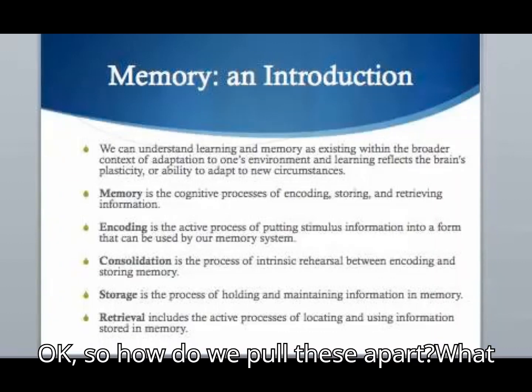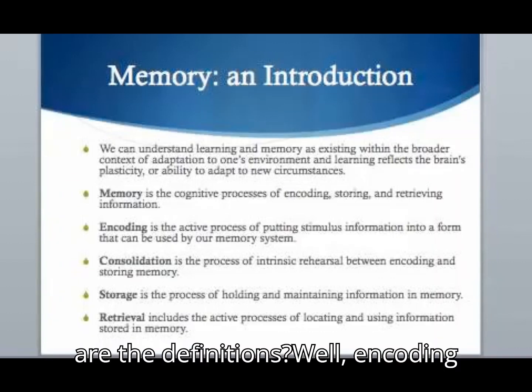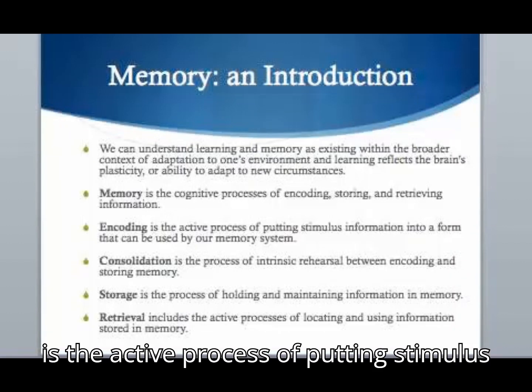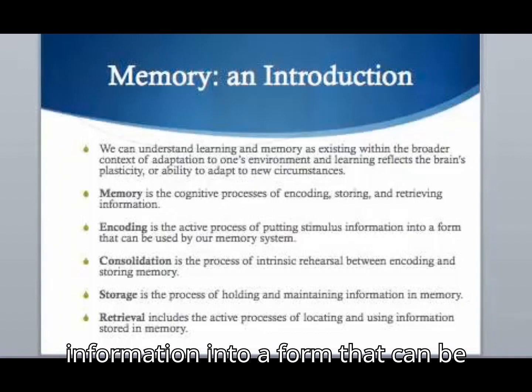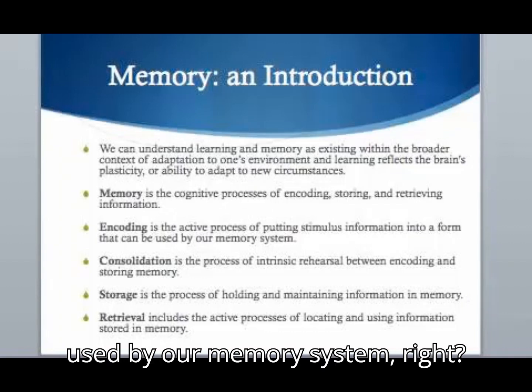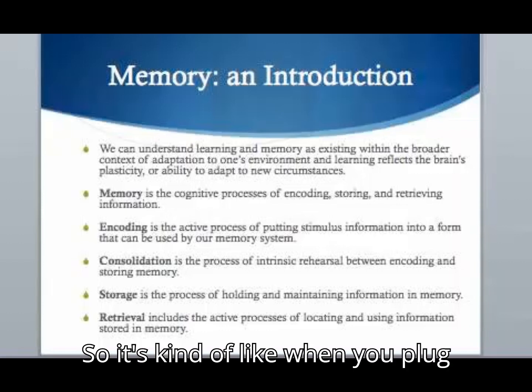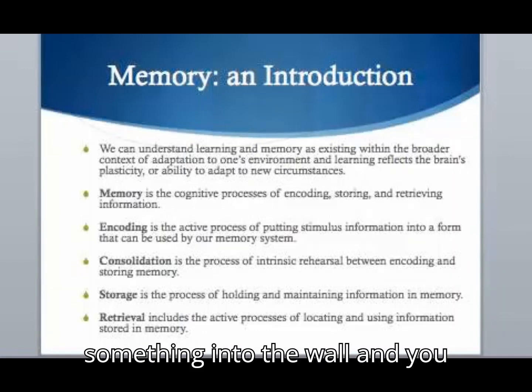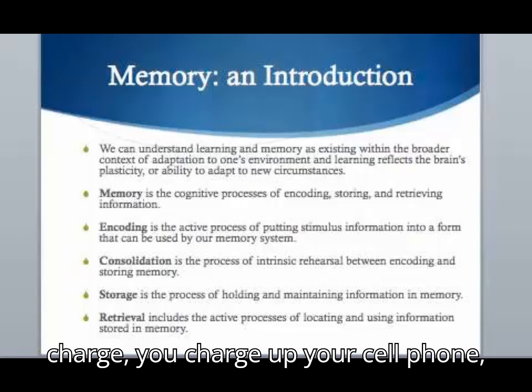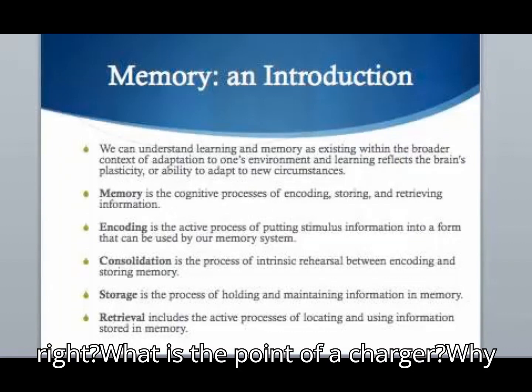Okay, so how do we pull these apart? What are the definitions? Well, encoding is the active process of putting stimulus information into a form that can be used by our memory system. It's kind of like when you plug something into the wall and charge your cell phone. What is the point of a charger?